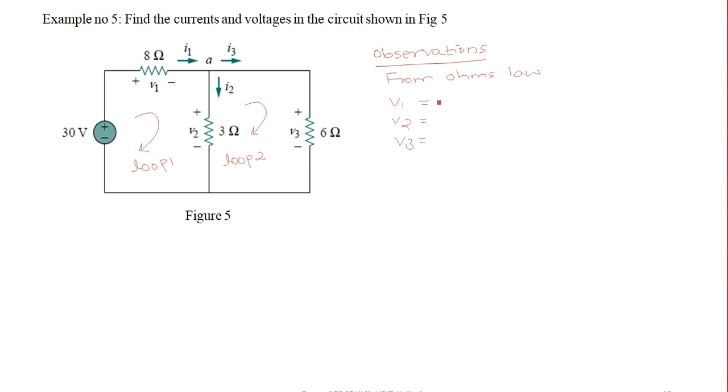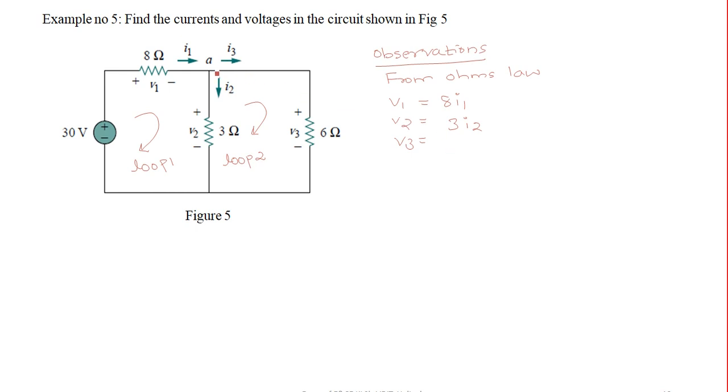V1 is 8 times I1 from the figure, higher potential to lower potential, so that is satisfied. So V1 drop is 8 times I1. Similarly, V2 will be 3 times the associated branch current I2, and V3 will be how much?